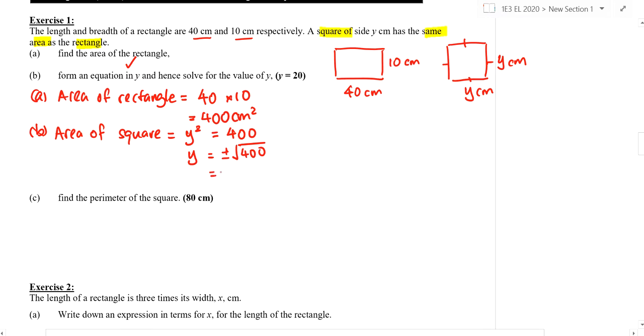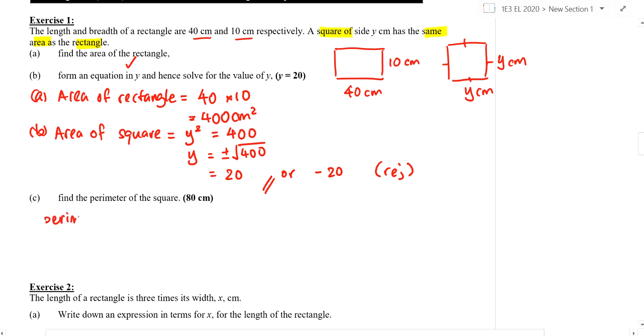So evaluating this, we have 20 cm or negative 20 cm. This has to be rejected because length cannot be negative. So this over here is our answer. y has a value of 20 without the cm.